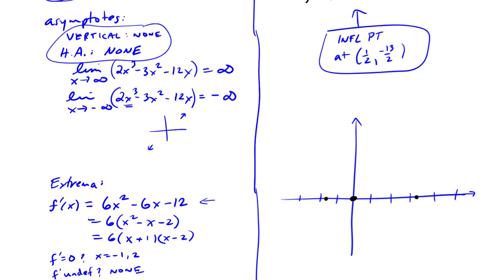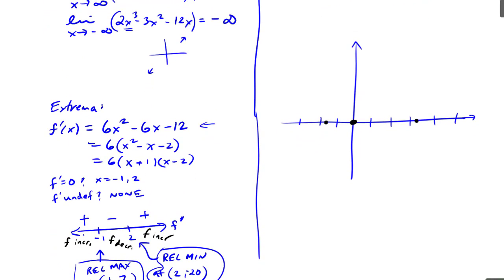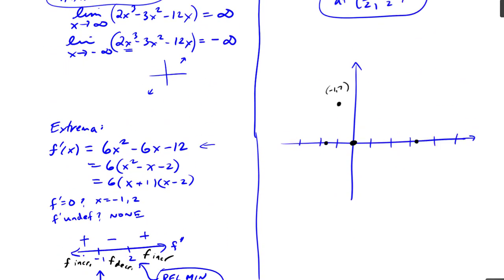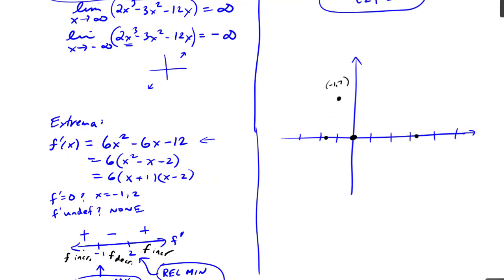No asymptotes, but we know how it ends up. A relative max at (-1, 7), and a relative min at (2, -20).